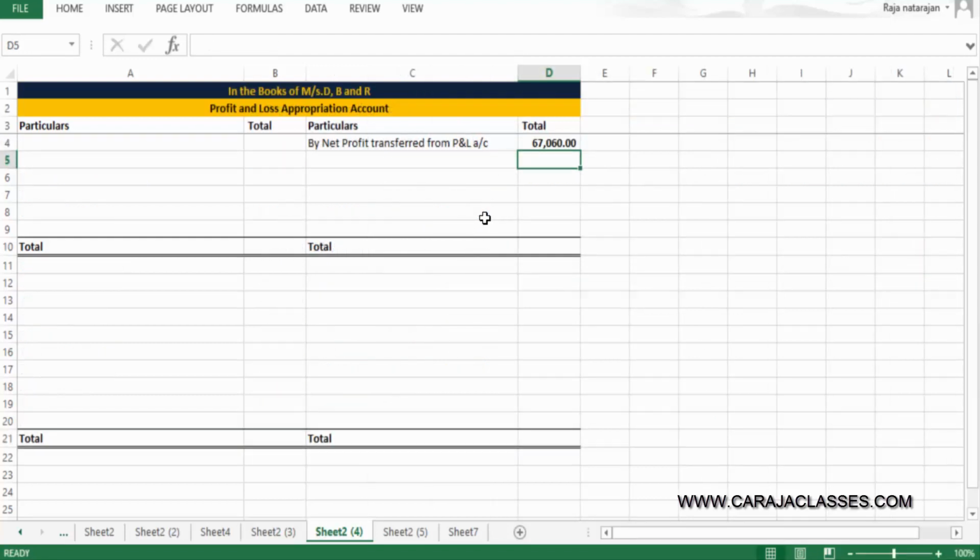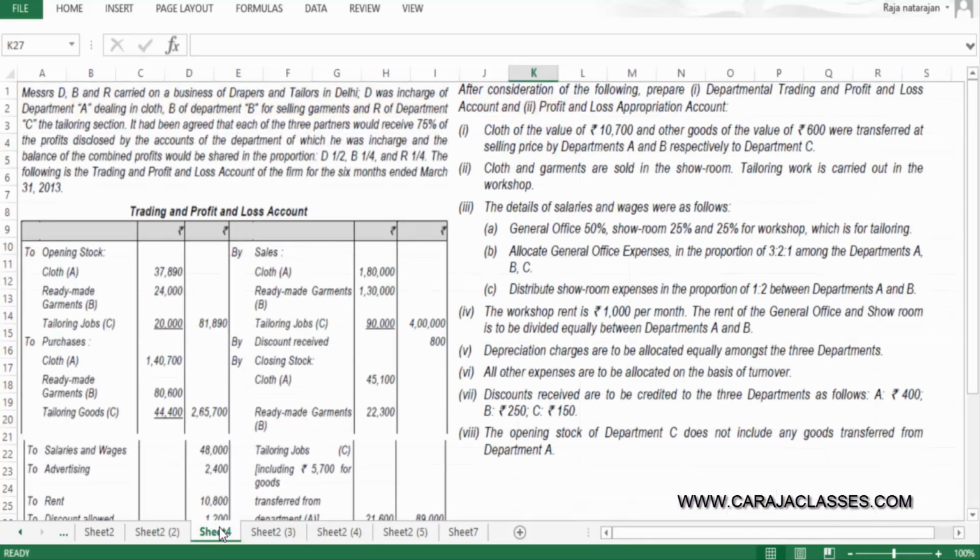Now, why I should do this? See, I should do this because the profits got to be distributed amongst the partners. Question says 75% of the profits disclosed by the accounts of the departments, and the remaining profits should be distributed in this ratio.